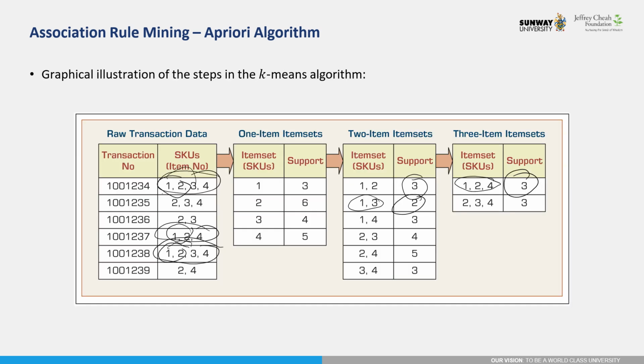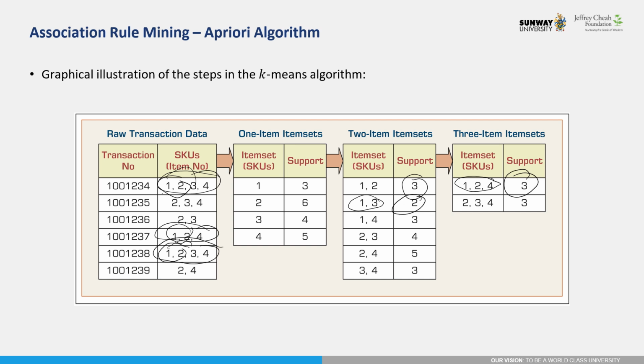I'm giving one example. We have transaction IDs, and we have 1, 2, 3, 4, and likewise 1, 2, 4, and 1, 2, 3, 4. If you want to go to the next step, there are one item, two item, and three item sets. For one item, one has a count of three, two has six, three has four, four has five.